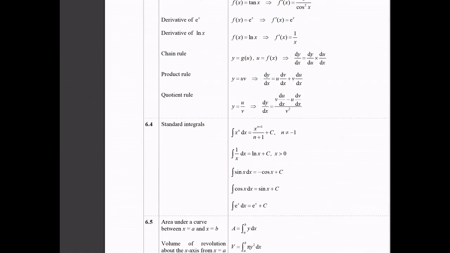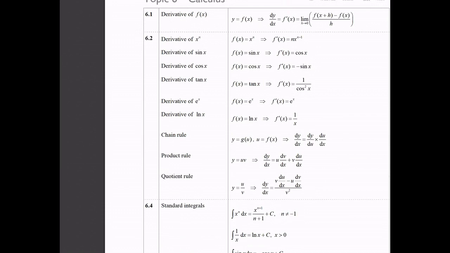Yes, here we go. If I look in the derivative section, it says f of x is tan x, then that differentiates to be 1 over cos squared x. So that's the function I've got, that's what I'm trying to integrate. If I integrate, I go back the other way. 1 over cos squared x will integrate into tan x.